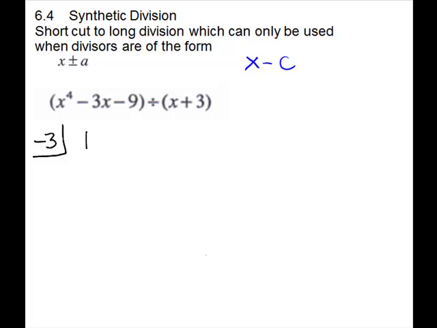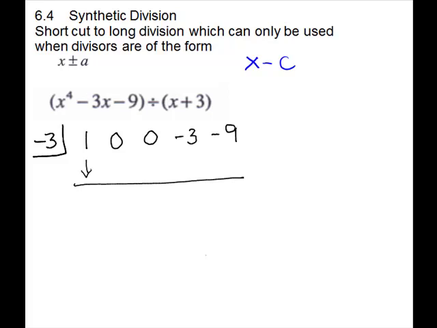Right, x to the third, we don't have an x to the third, so that will be a 0. X squared, we don't have an x squared, that will be a 0. We do have an x term and a constant. So this is x to the fourth, x to the third, x squared, x to the first, and constant. So we're good there.